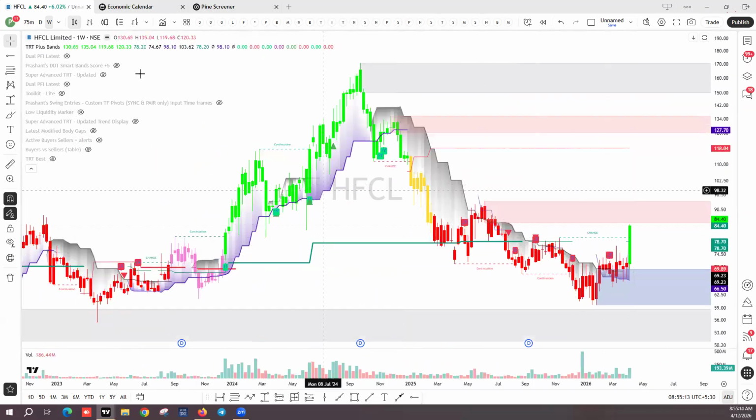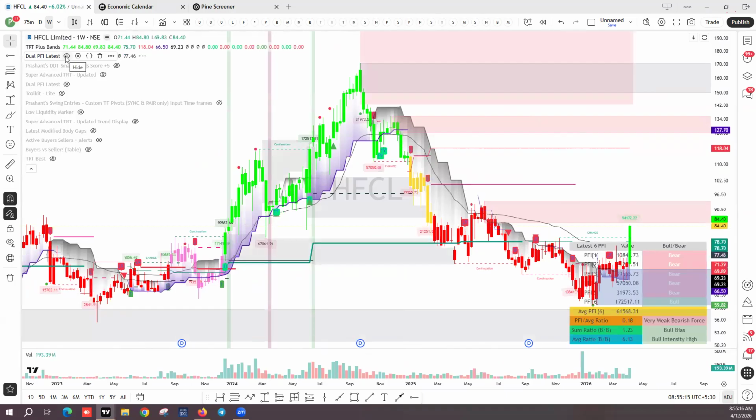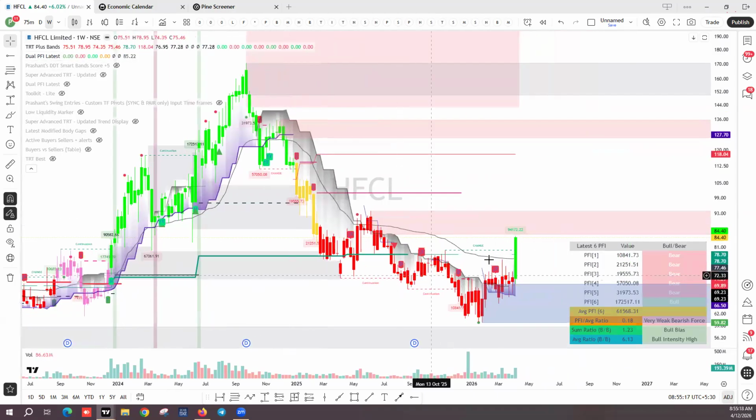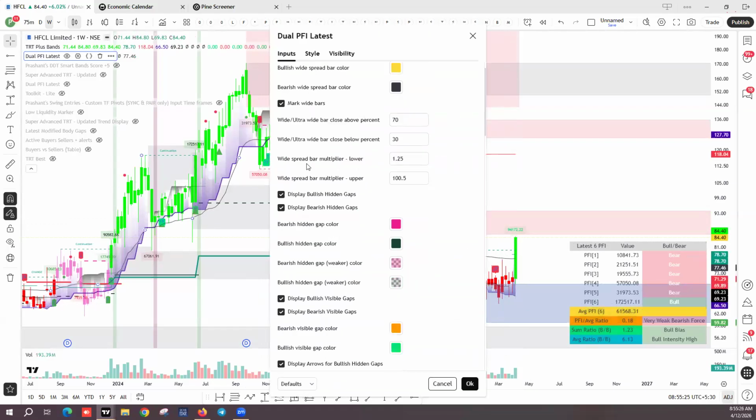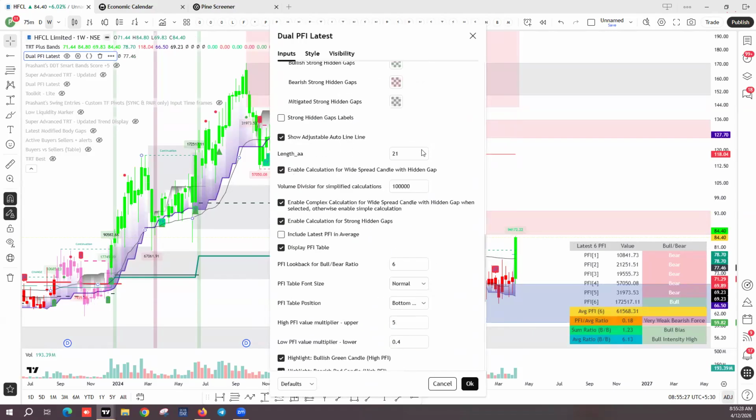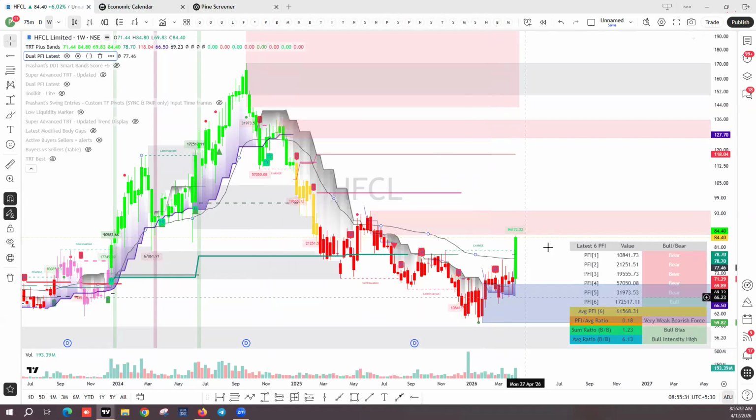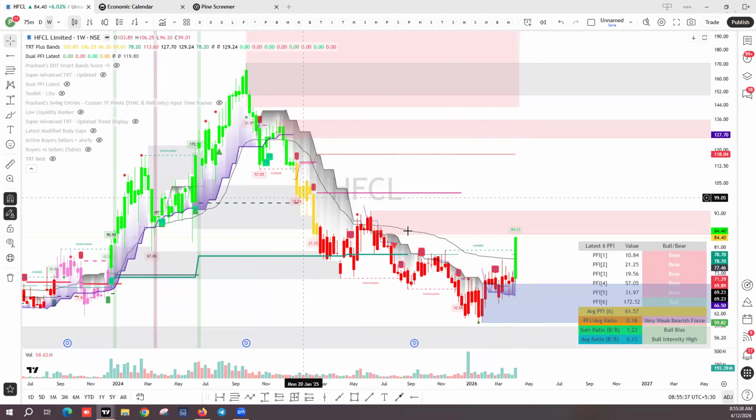Now it is again changing to green color. How are the PFI numbers? PFI has not increased till now, but we can see a number here. Let me make the number smaller. So this one is 94, possible 94, and average is 61.